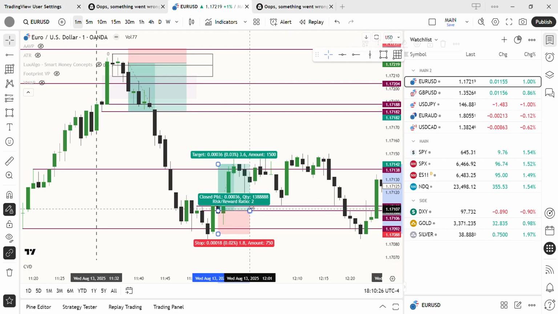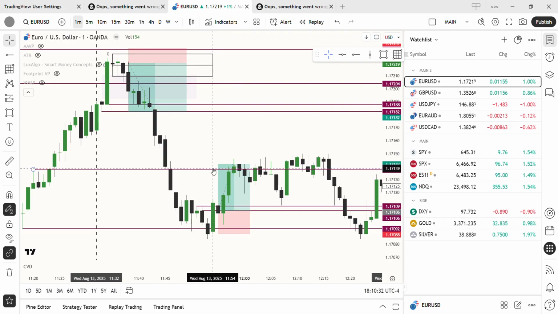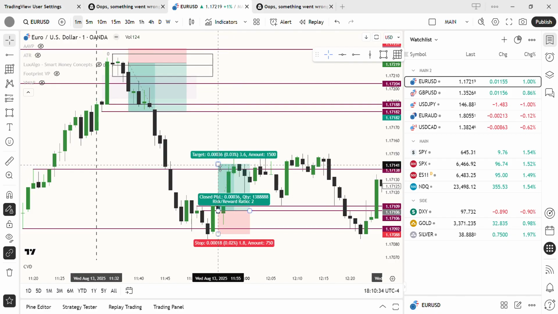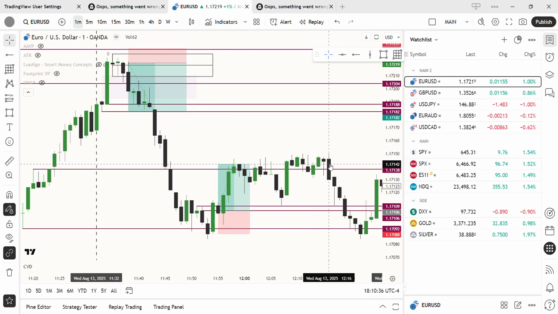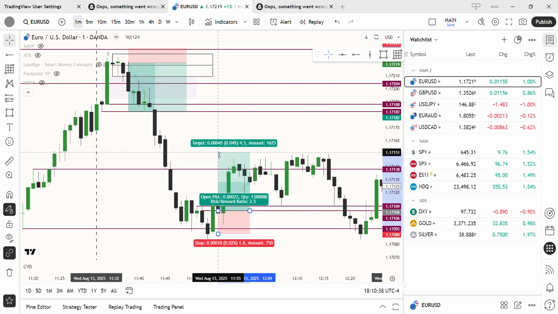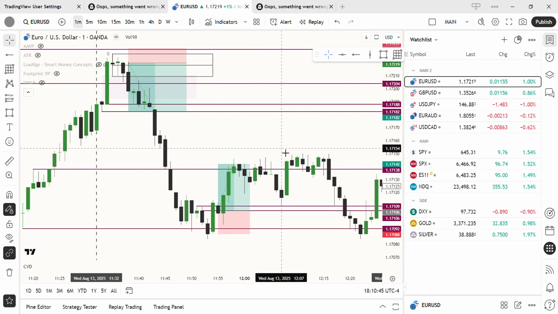We still would have gotten filled, which is good because I know if I was actually taking this trade I would not put it at 1.7. I'd put it at 2 R&R. So I'm just glad 2 R&R wasn't right here where I barely get stopped out. So I know if I was in real life actually taking this trade, I would have done the 2 R&R.